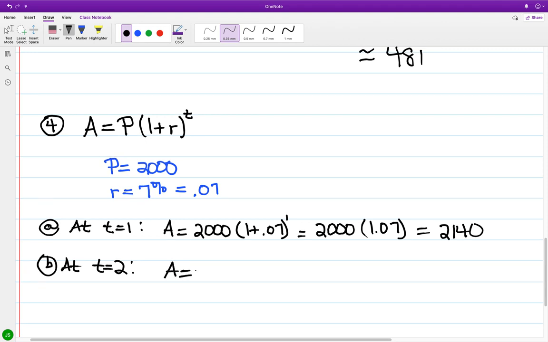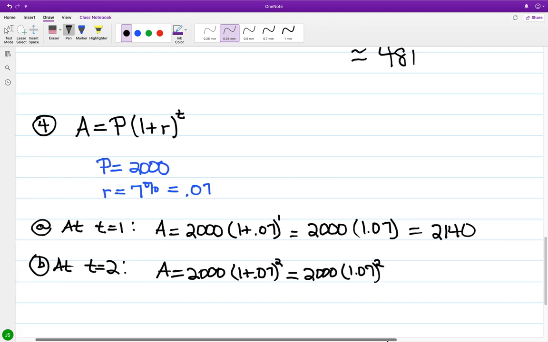So you have 2,000. Again, we have 1 plus 0.07, and to the t we have the second power, so 2,000 times 1.07 to the second.